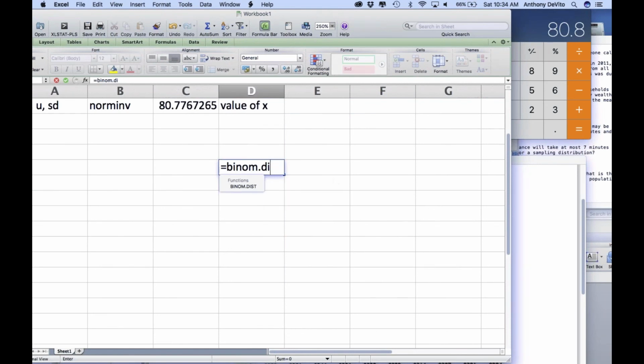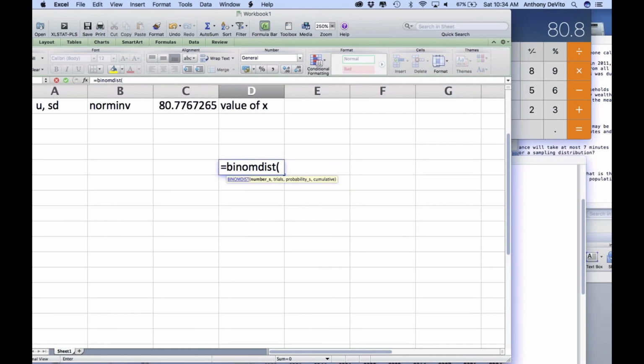If I leave it out, this same thing shows up. First is the number of successes, right? Then a comma separates the number of trials, the probability of success, and cumulative. In this case, cumulative means something. For the binomial distribution function in Excel, cumulative has meaning this time.